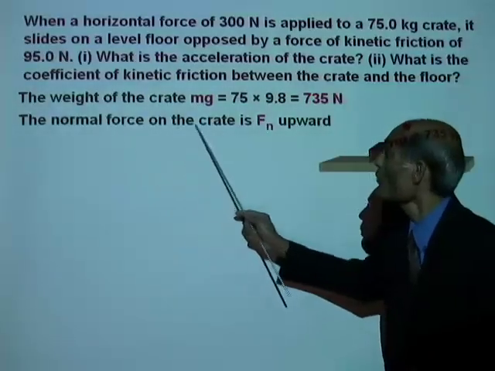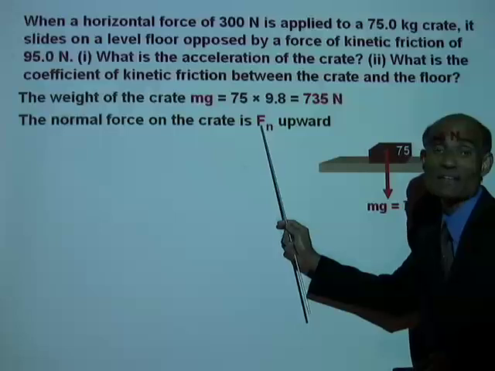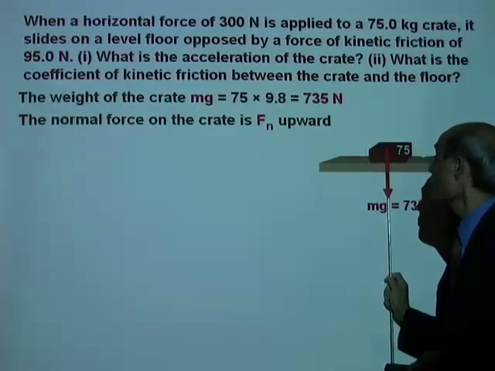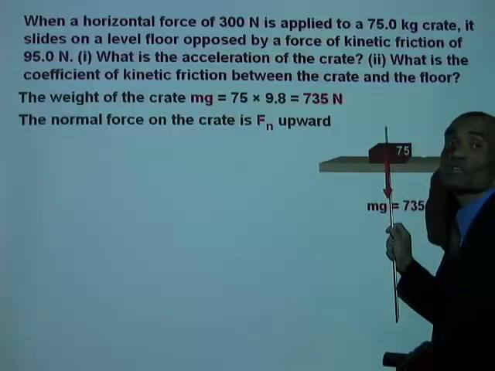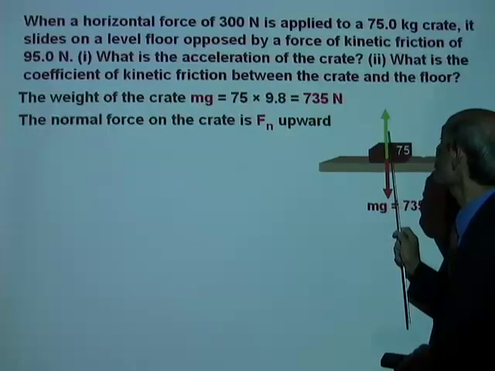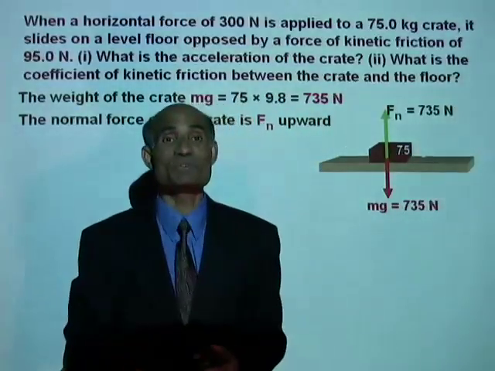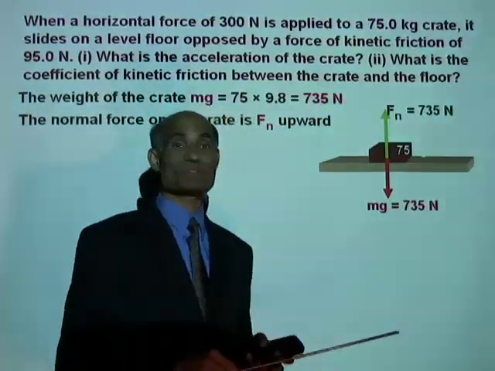The normal force on the crate, Fn. Tell me, what is the normal force on the crate? The normal force will be opposite to this. So that will be the normal force, and that will be equal to 735 Newton.